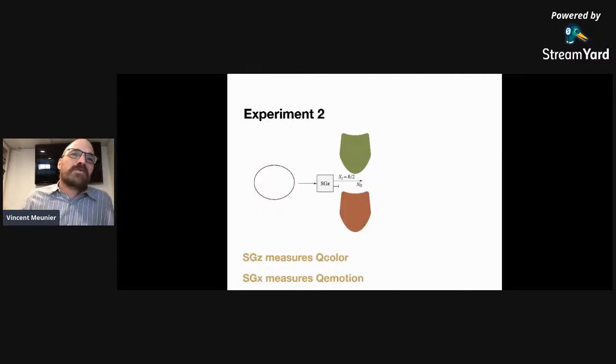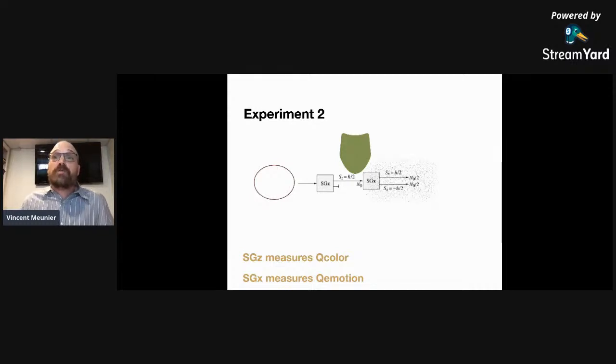Now we are going to also consider another apparatus, which is called Schrodinger-X, and in this case, it measures the emotion. I'm going to call it Q emotion, so it's a quantum emotion, so that way I keep the weirdness. And again, same experiment as before. I'm going to only select the green monsters. Okay, so that's what I'm doing. And then I put my box, SGX, which is going to measure sadness versus happiness. So I'm doing this.